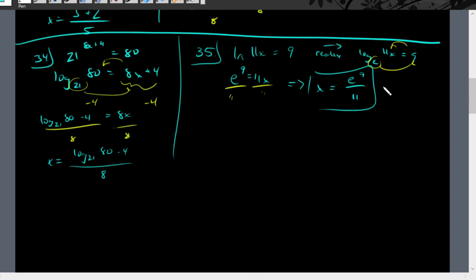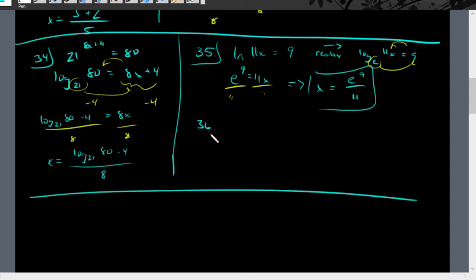And lastly, number 36. I put myself in a box, I've got to complete it in this amount of space. So you've got 6 to the 3x plus 1 power equaling 4. Convert it to a log again. Log base 6 of 4 equals 3x plus 1.